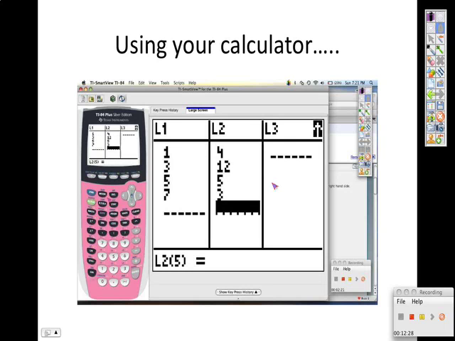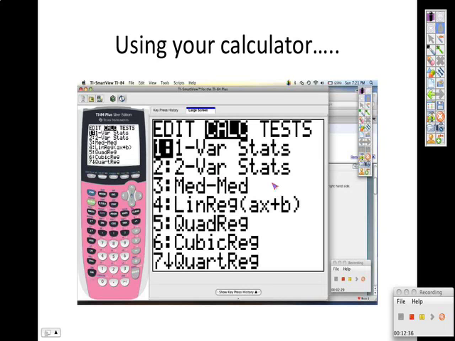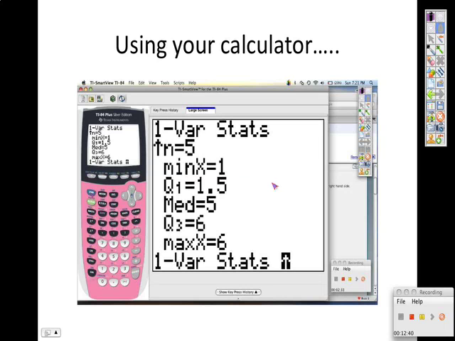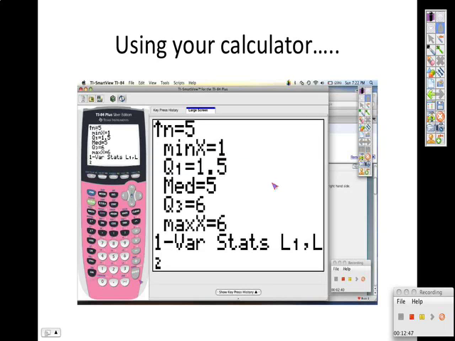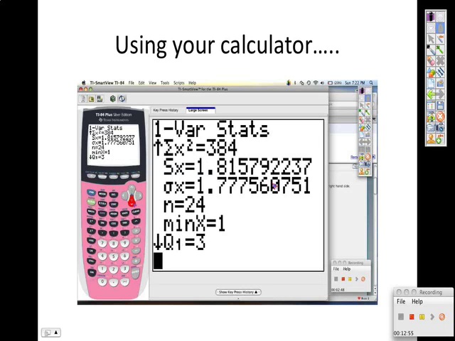And then I can go back to my stat menu, over to calc. Again, one variable stats, but this time I need to tell the calculator to use list 1 and list 2, that list 2 has frequencies in it, so I'm going to put comma list 2. Then I push enter, and here's all that data again. The mean, the standard deviation, you can find the median from this 5-number summary.